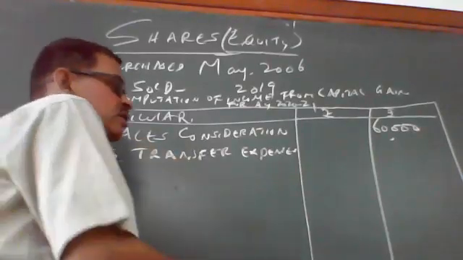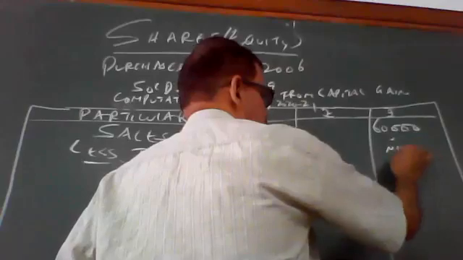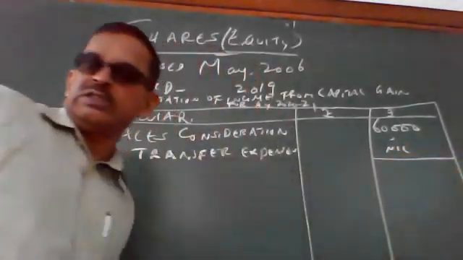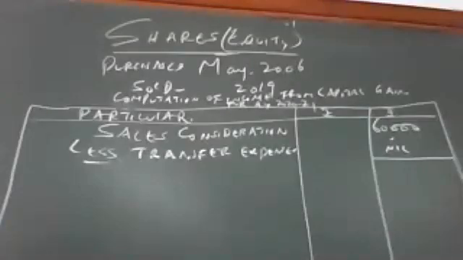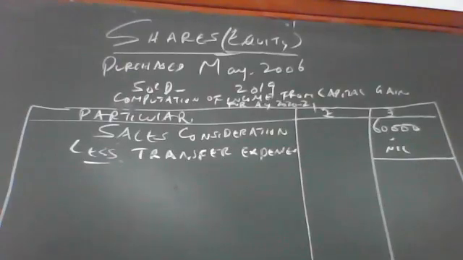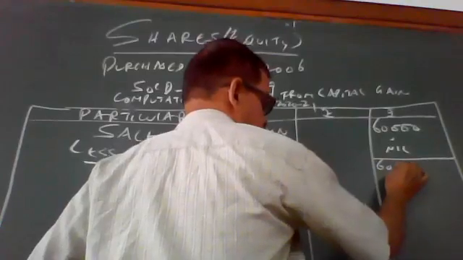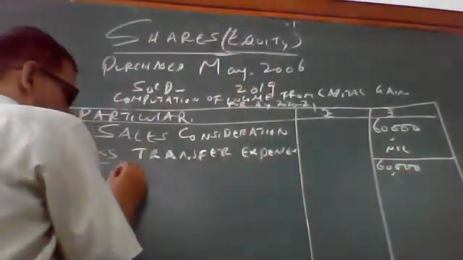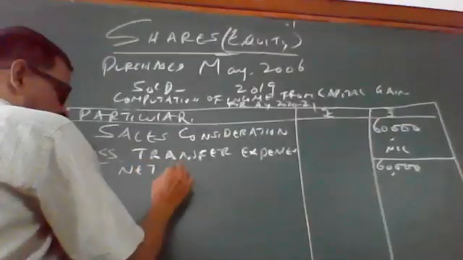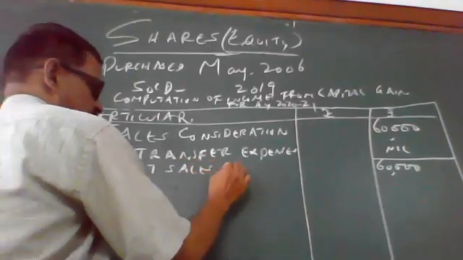Nothing is given, so it is nil. There are no such transfer expenses. So 60,000. This is the net sales consideration.